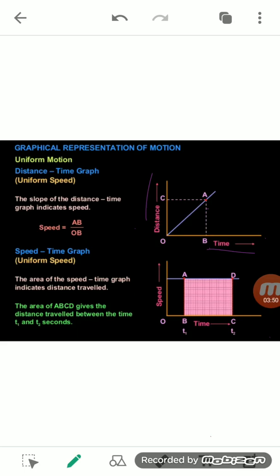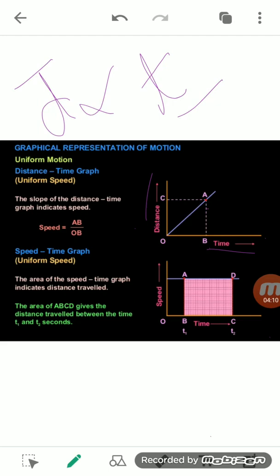That the body will travel equal distance in equal intervals of time, or we can say that the distance traveled is directly proportional to the time.